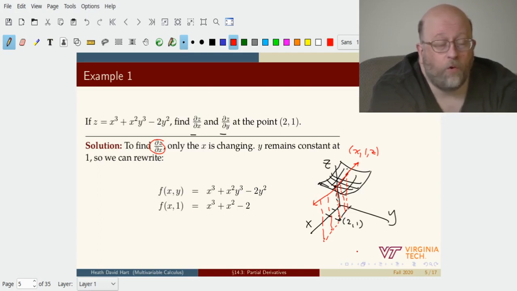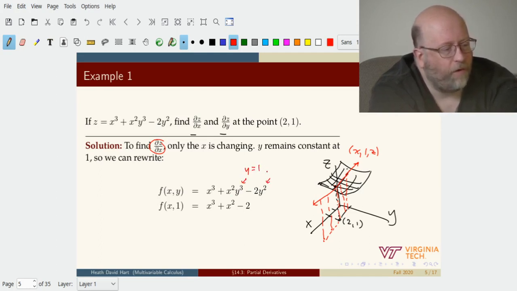And since y is equal to 1 all the way through this tangent line, I can replace y with 1 both times where it appears. And so this becomes x cubed plus x squared times 1 minus 2 times 1. This is x cubed plus x squared minus 2.